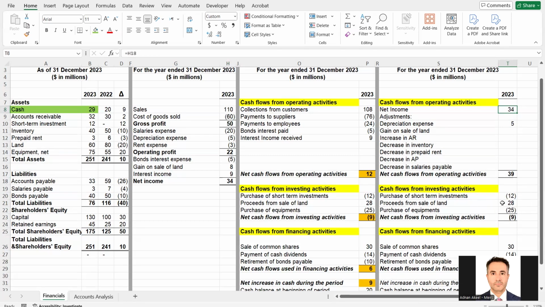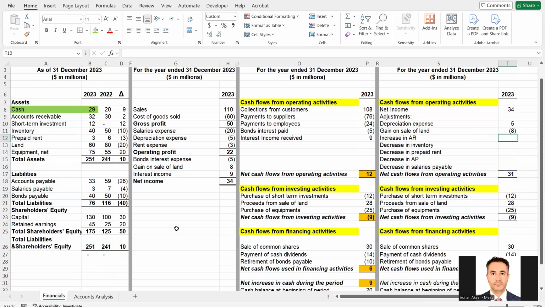How do I fix this matter? I come here as gain on sale of land, and then I take it out. This needs to be reduced. The last thing, how to deal with the changes in receivable, payable, inventory, the components of current asset and current liability.